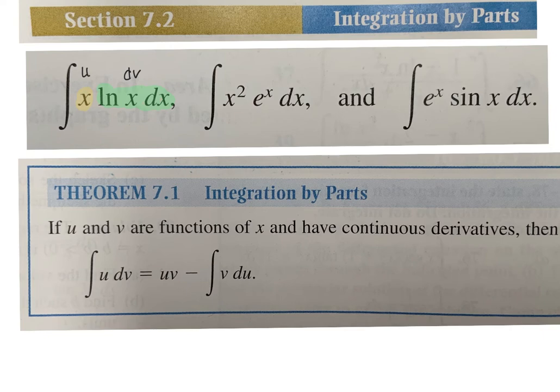And so then I could take the antiderivative of ln of x and use it as my v, and take the derivative of u, and I could have a u, a v, a du, and a dv. And then you plug all those pieces into this formula. So you basically are looking at u and v functions, the derivative of u and v functions, okay?